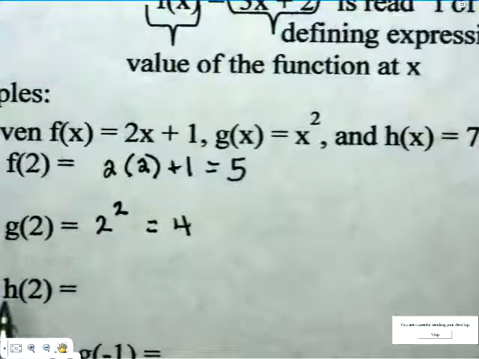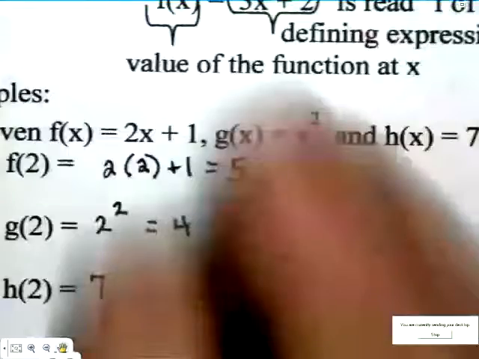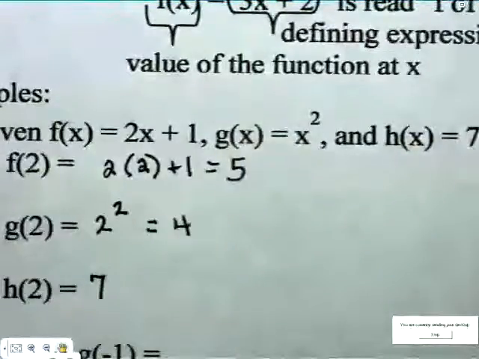Example 3 says find h of 2. If you put a 2 into the h machine, what is it going to spit out? Because that's all the h machine has in it. It's going to spit out a 7 no matter what. The ordered pair (2, 7) would be on the graph of h of x.